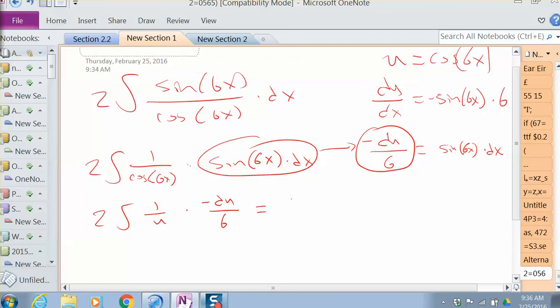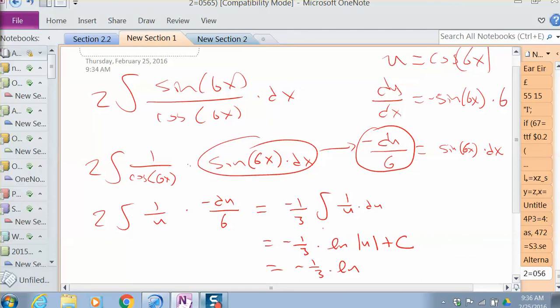So now I'm going to have negative 1/3 as my constant, and I'm integrating 1 over u times du, which is negative 1/3 times natural log of absolute value of u plus c. And of course, we replace sine 6x times dx with negative du over 6.